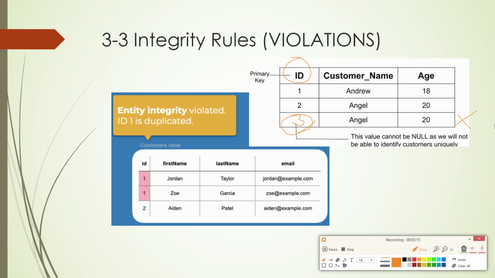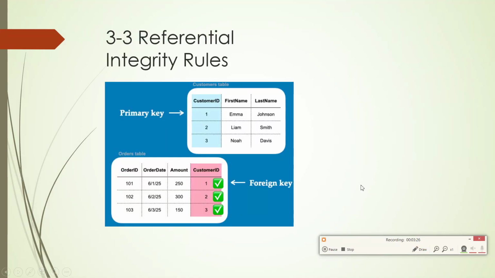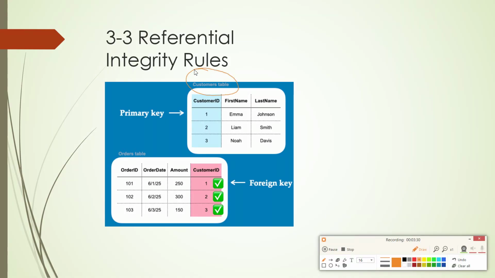Now we will be checking the second rule, referential integrity. For referential integrity rules, we must have two tables, so a customer table and an order table. Customer has the primary key customer ID, and order has the primary key order ID.